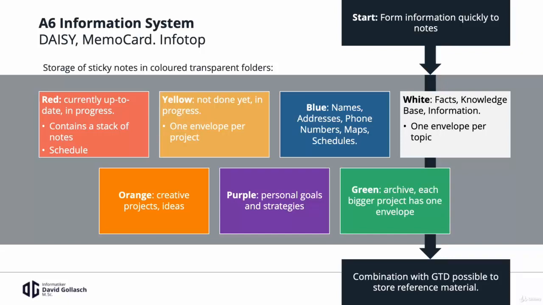And the DIN A6 information system is based on the 7 colored folders that are shown here in the middle.